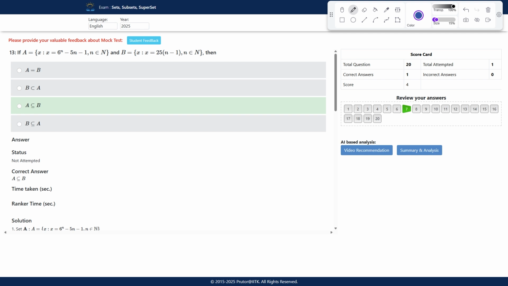So for A, just n as 1. If you put n as 1, this will be 6 minus 5 minus 1, which is 0. So 0.